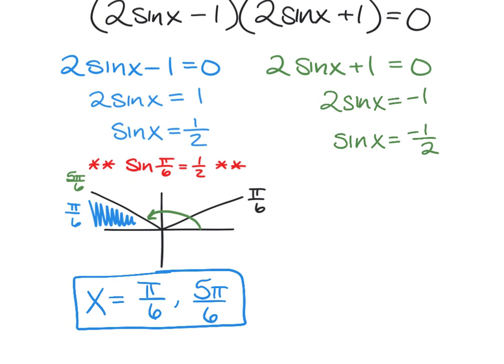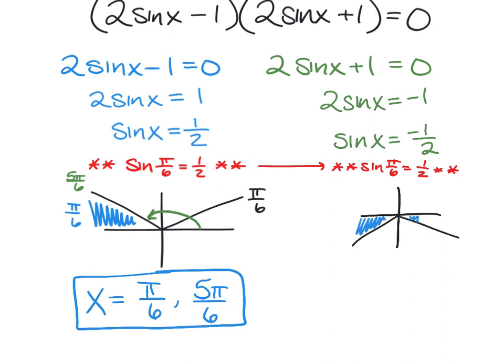But if we use the same idea that normally sine of pi over 6 is equal to a positive 1/2, that just means we're looking for the quadrants with that angle where sine is not positive. So which two quadrants is sine not positive in? 3 and 4. So we want this reference angle and this reference angle to be pi over 6.